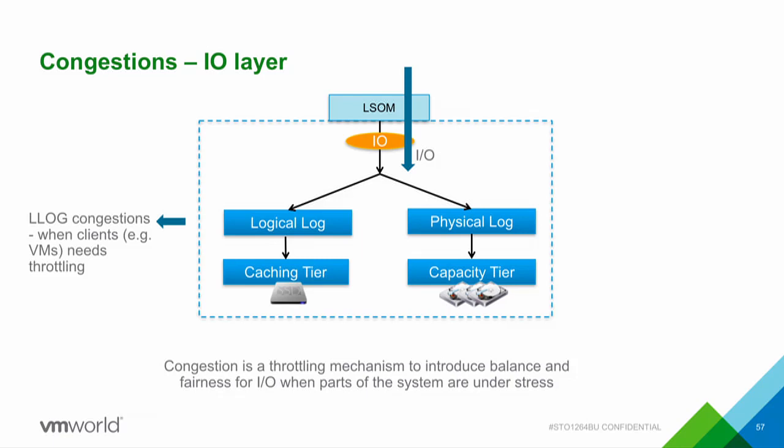So when the system is under stress, when there are bottlenecks or whatever is taking place, we introduce this artificial congestion as a sort of throttling mechanism to slow the system down so that it can balance itself, if that makes sense. So we have the L-log congestion, which is associated with the logical log, which is associated with the caching tier.